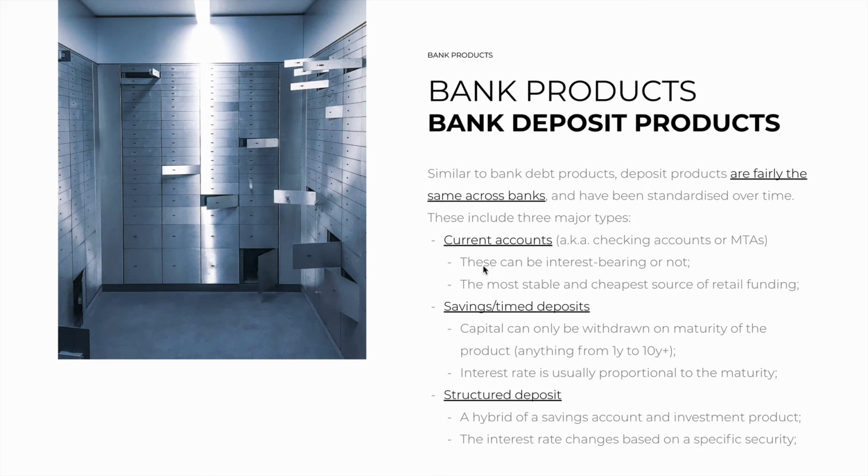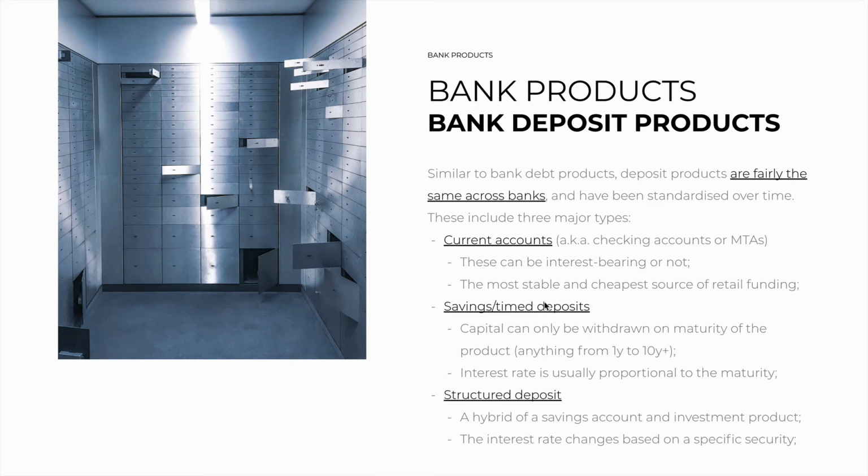Then we have what are called savings or time deposits. Same principle. As the name says, the capital can only be withdrawn on the maturity of the product. So it can be a savings account from 1 year to 5 years, 10 years, or more. Or it may not necessarily be a savings account, it may just be a time deposit.